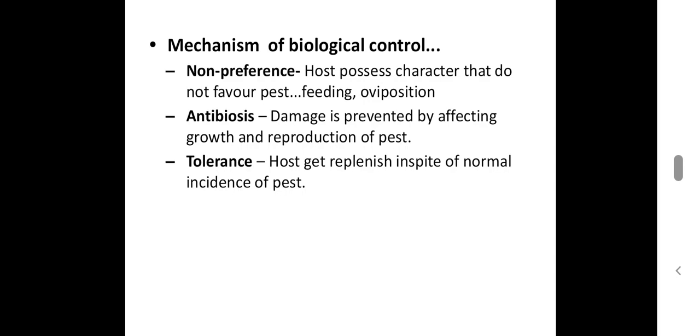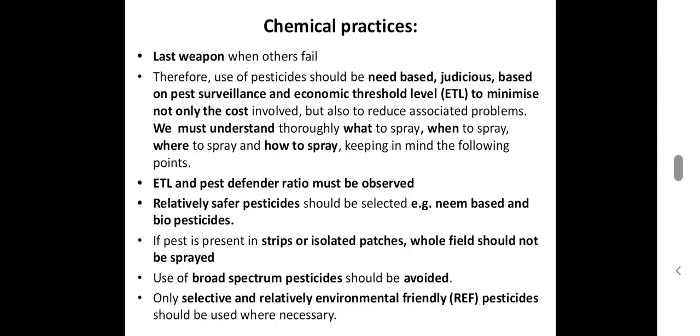For example, in case of some crop, if pest attack is there, in spite of pest attack, the host can fetch a good yield against the normal incidence of pest. Chemical practices, when all the practices fail, then only chemical practices are used. It is a last option.